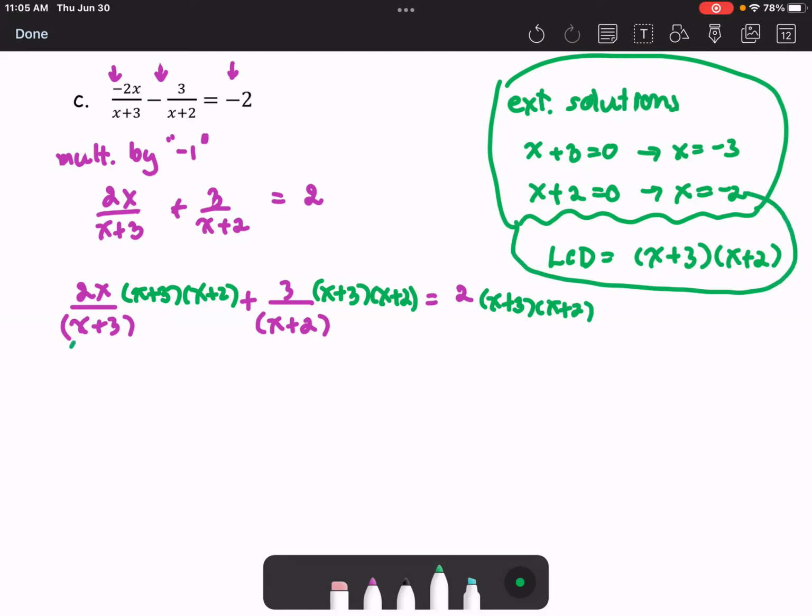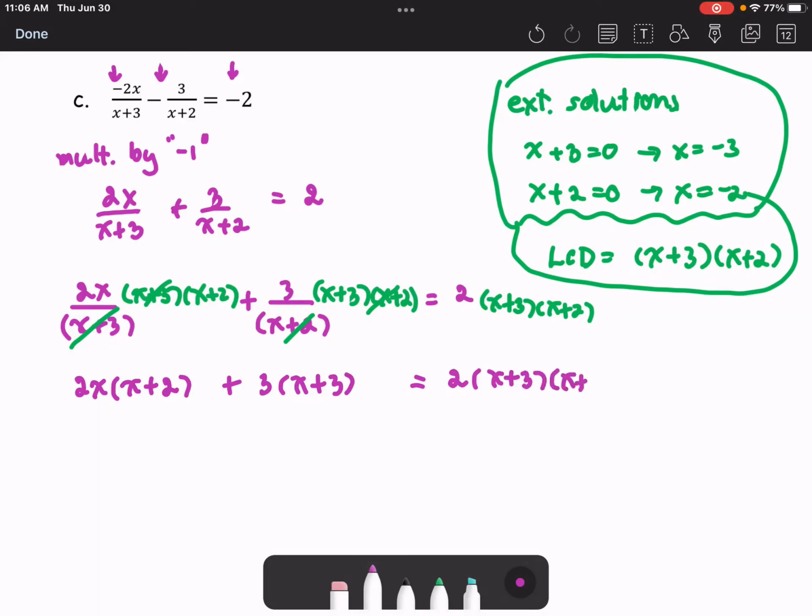And then cancel the common factor, x plus 3 for the first, x plus 2 for the second. And next, our equation becomes 2x multiplied by the quantity x plus 2, plus 3 multiplied by x plus 3, and on the right hand side is 2 multiplied by the product of x plus 3 and x plus 2.